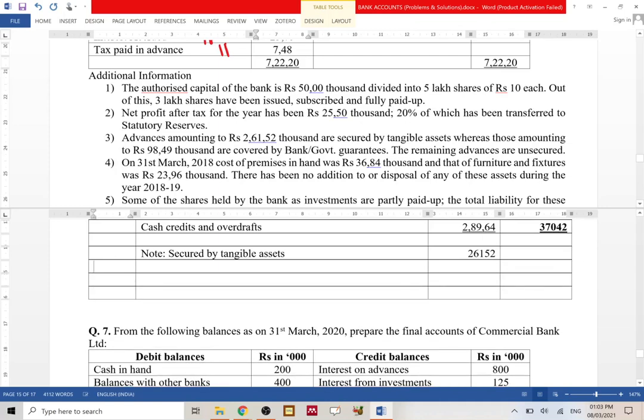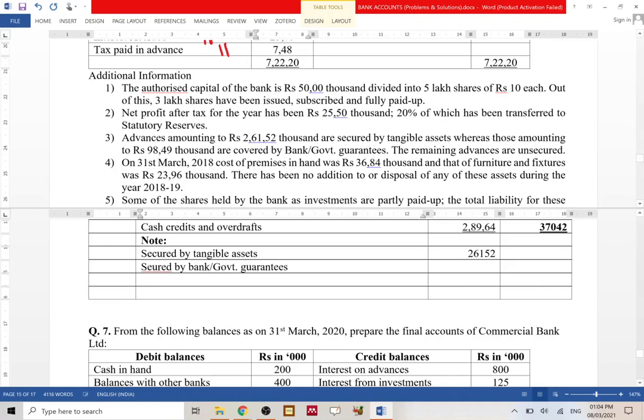Then similarly, there are some that are secured by bank or government guarantees.